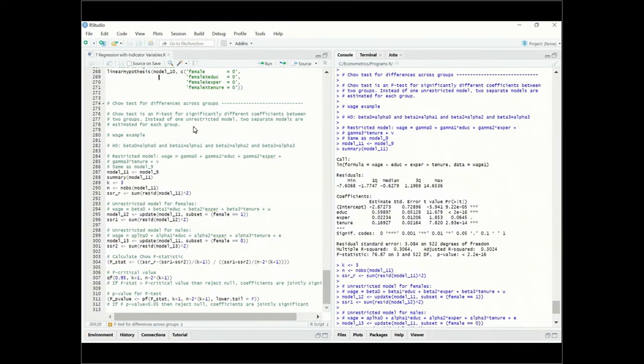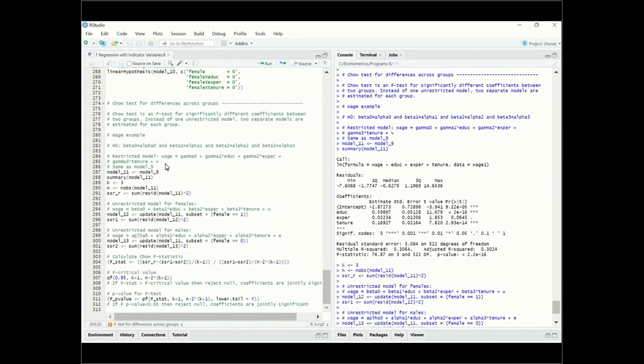So here's what we're going to do. This is the restricted model that we have. And so basically we're going to have education wage equals to all of these variables. And so this is going to be one of the models that we have, a restricted model.